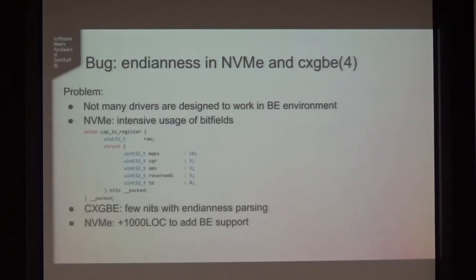Actually, we also studied the C specification, and from what we found, the little endian version worked only by accident. Generally speaking, please keep in mind, bit fields do not guarantee anything. So if you have a chance to use them in your drivers, please think twice. Maybe there is a better way to do the same.